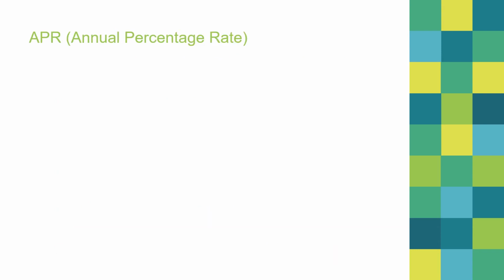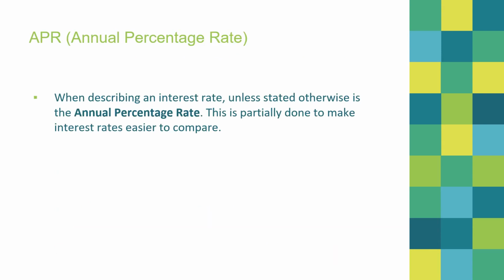Now, we should briefly mention APR, which is to say that when we talk about this, we're referring to the annual percentage rate. So when we're talking about compounding like 5 times a day or 200 times a year or whatever, this is done so that I don't have to constantly change what the time is in any of these formulas, and I can easily compare stuff.